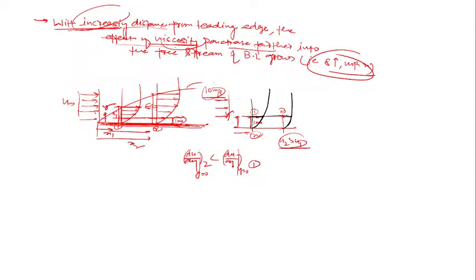At any common distance in y, the velocity will be higher at the first point and lower at the second point. Is this clear? Tell me, beta. And if you draw the tangent at the wall, meaning y equal to 0, this and this, obviously there is a much greater gradient. This slope is more. Theta 2 and theta 1.